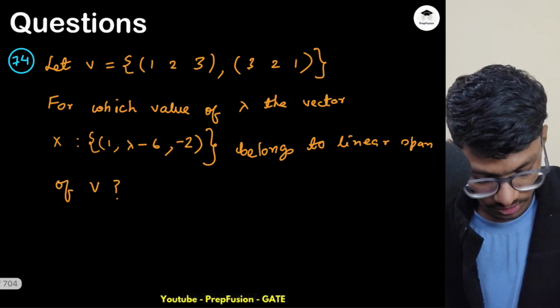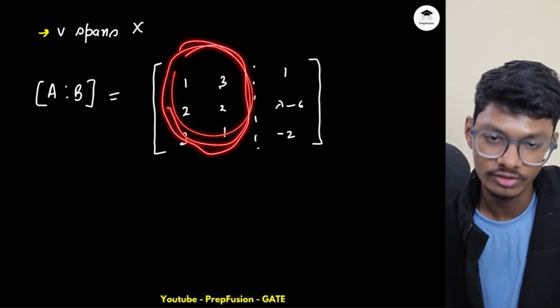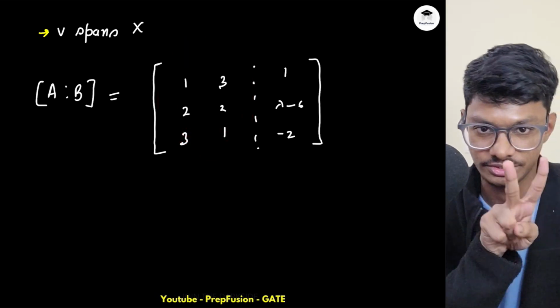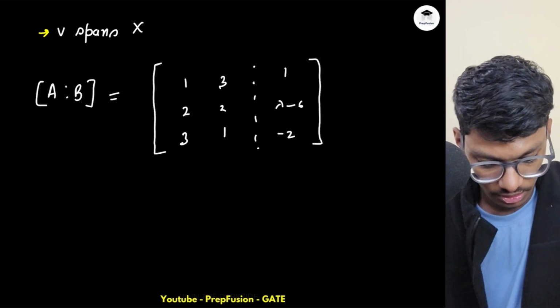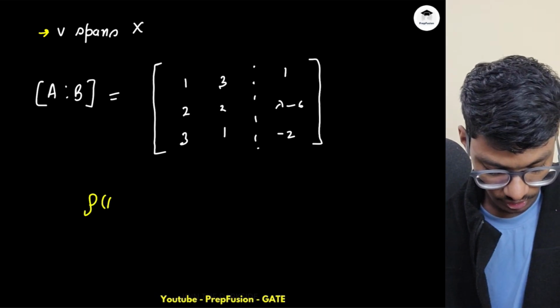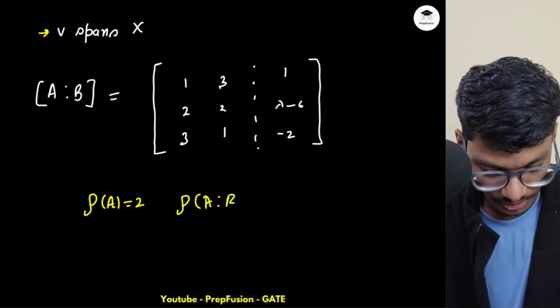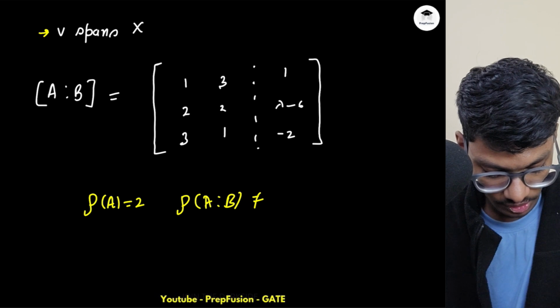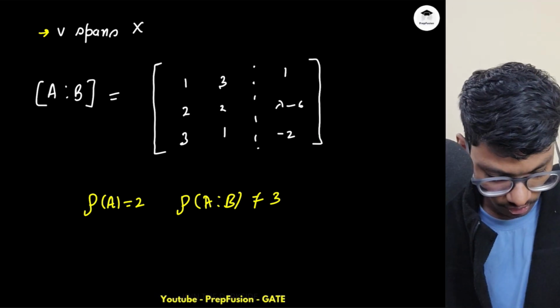Anyways, the rank of A will always be 2, because the number of columns is 2 and the number of rows is 3. So rank of A will be 2 anyways. Hence, rank of [A|B] cannot be equal to 3. It has to be equal to 2.